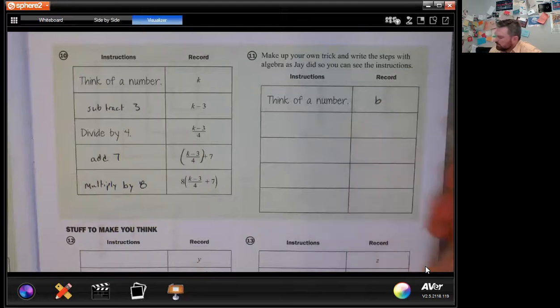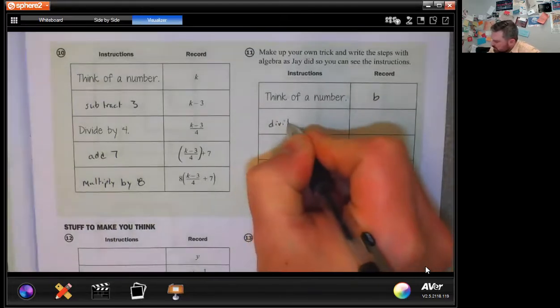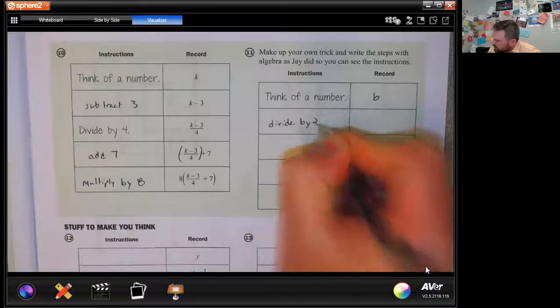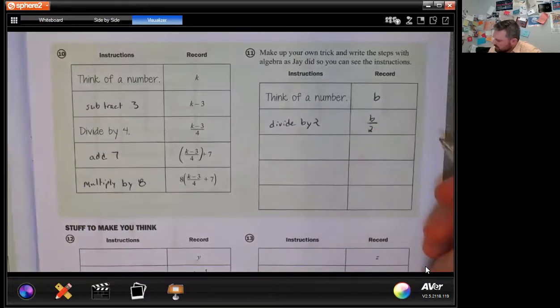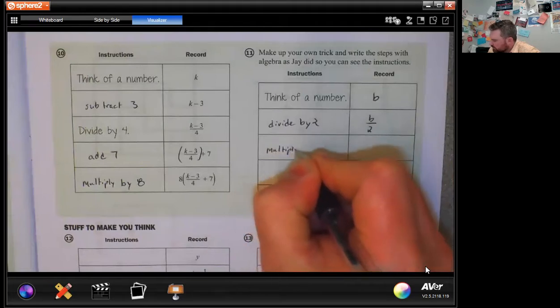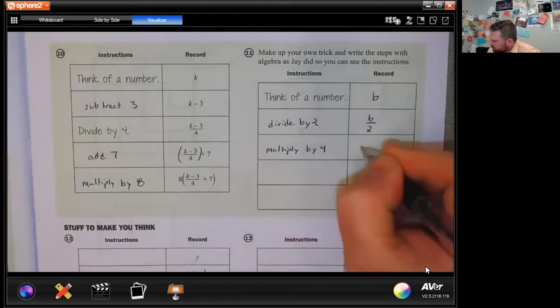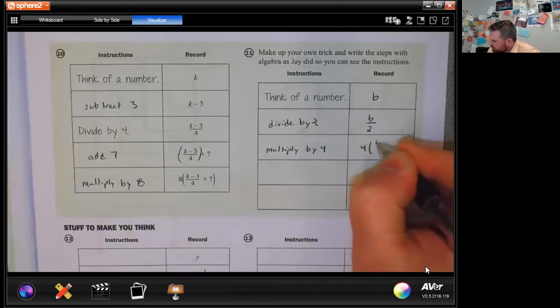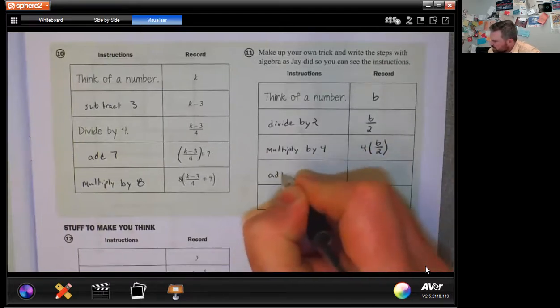Okay, and we're going to divide by 2. So I have b divided by 2. Then we're going to take that thing and multiply by 4. So we got 4 times b over 2.